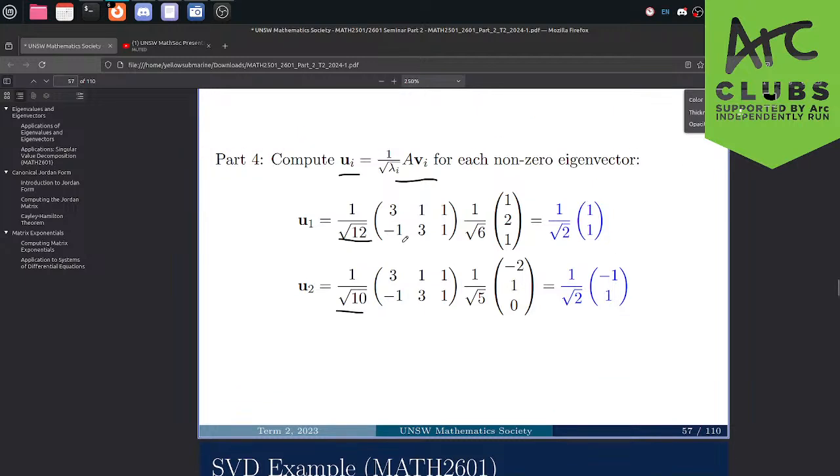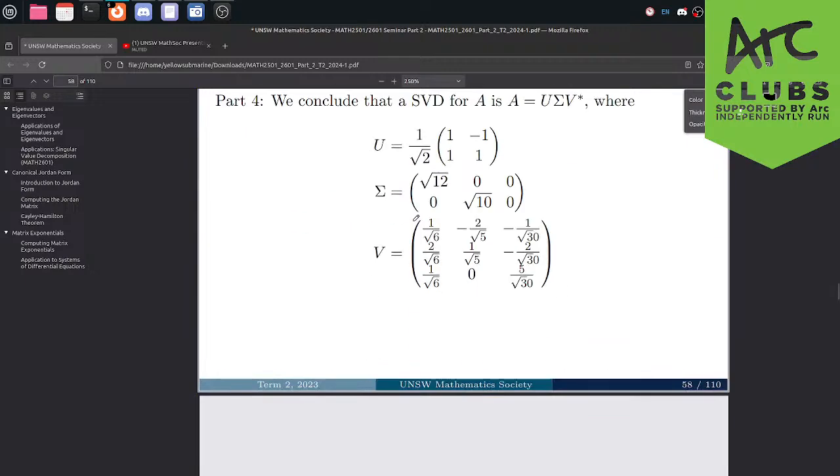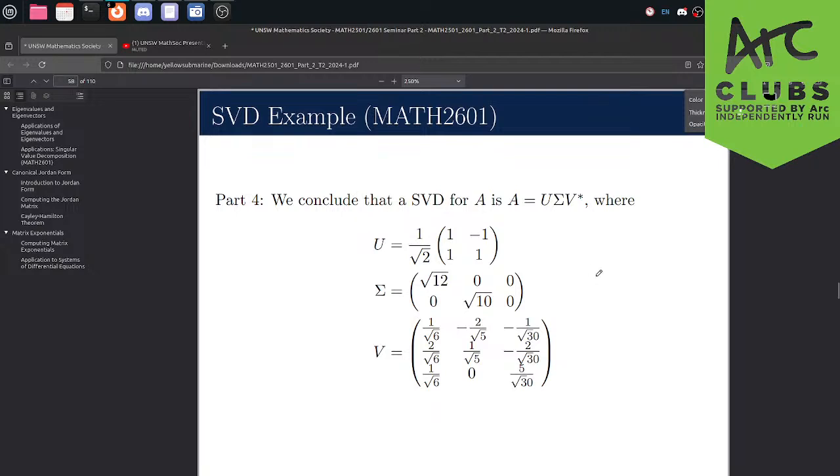So this part here is the eigenvector. This is A, and 12 is your singular value. So that multiplies into that. Similar process here, and you don't do this for 0, because you can't take 1 over 0. And we conclude that this is our singular value decomposition.